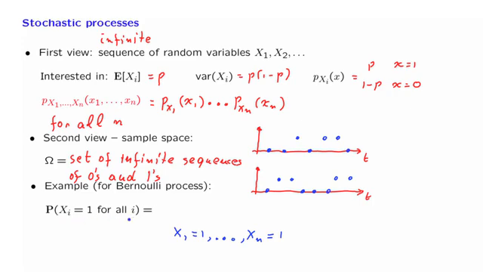This is more difficult to obtain than this one, and this gives us an inequality for the probabilities that goes this way. Now we know that this probability is equal to p to the n, and this inequality here is true for all n. No matter how large n we take, this quantity is smaller than that.